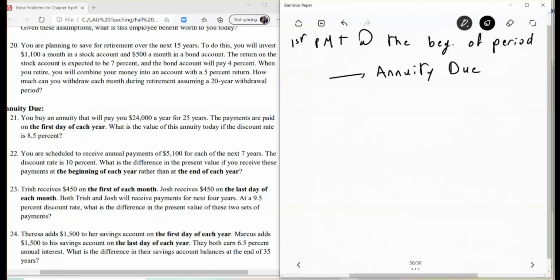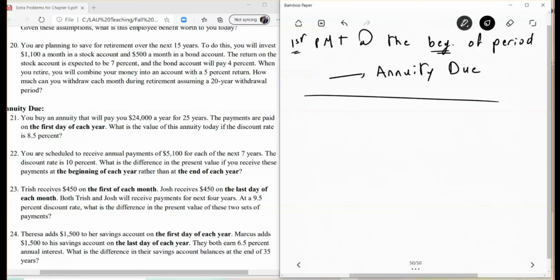So if the payment is at the beginning of the month, the beginning of the quarter, or the beginning of the year, this means that I'm dealing with an annuity due. In case the payments were at the end of the period instead of the beginning, this is the ordinary annuity or the end annuity.